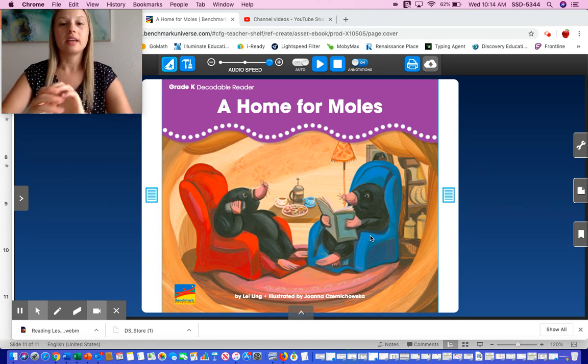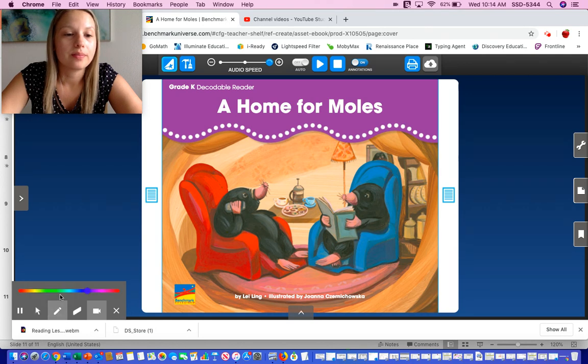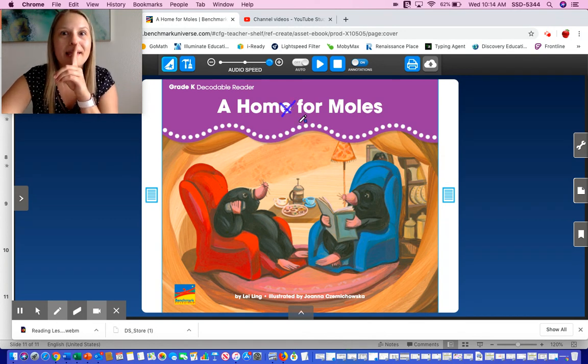Good job. Okay, before we begin, I want you to notice something. A home for moles. I see sneaky letter E at the end here. Do you see? But we know sneaky letter E is so quiet, it doesn't even make a sound.